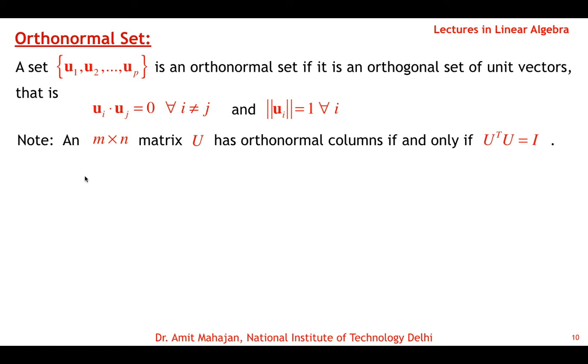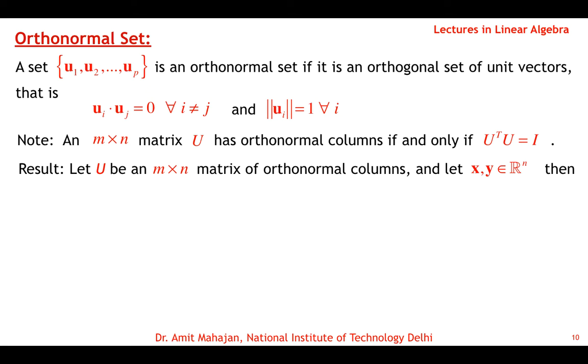Anyway, we'll use it to write one result here. Let U be an m cross n matrix of orthonormal columns. Columns being orthonormal means that for each pair of distinct columns the dot product is 0, and for each column the norm is 1. And let x, y be any vectors in R^n. Then the length of Ux is the same as the length of x.